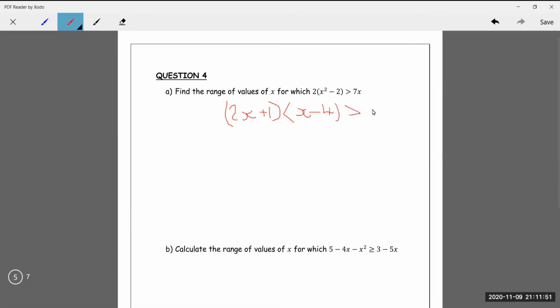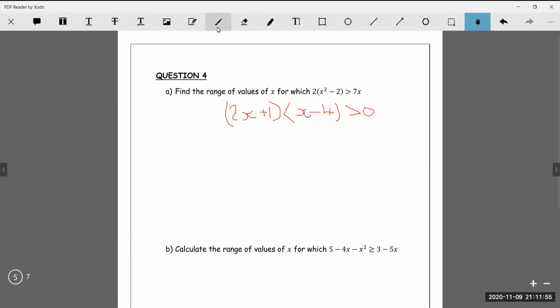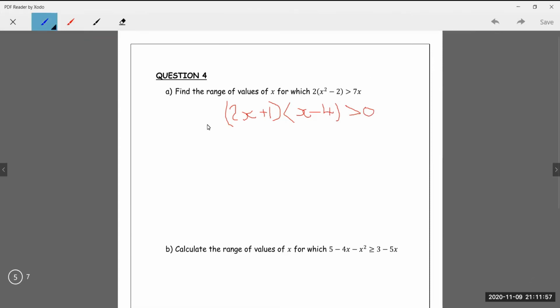When you get to right here, just picture the graph in your head. We have a quadratic, and it has roots, and the two roots look like negative a half and 4.